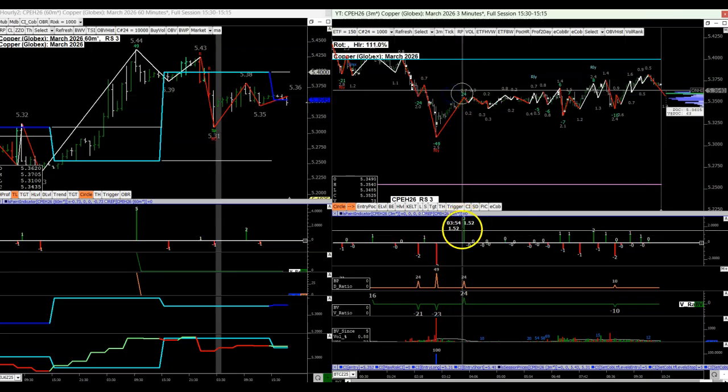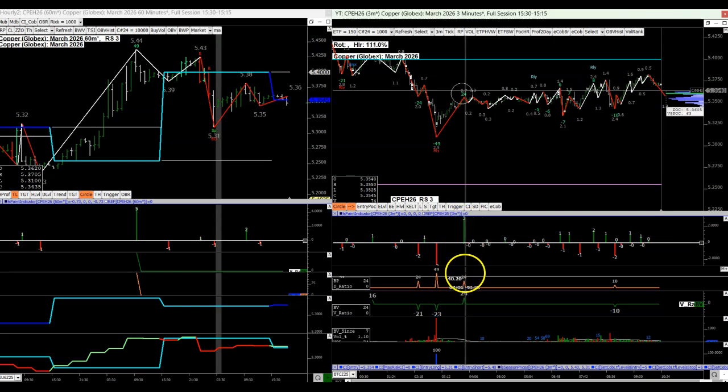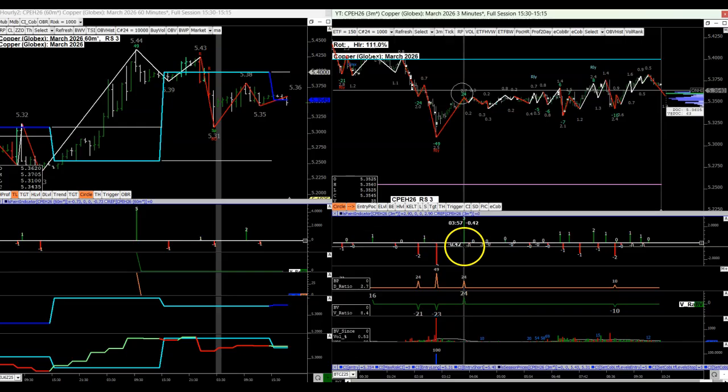Look, this is what I like to see. You see the volume? The spike in volume? Biggest in 24 up waves, biggest volume in 24 waves, with striking volume.